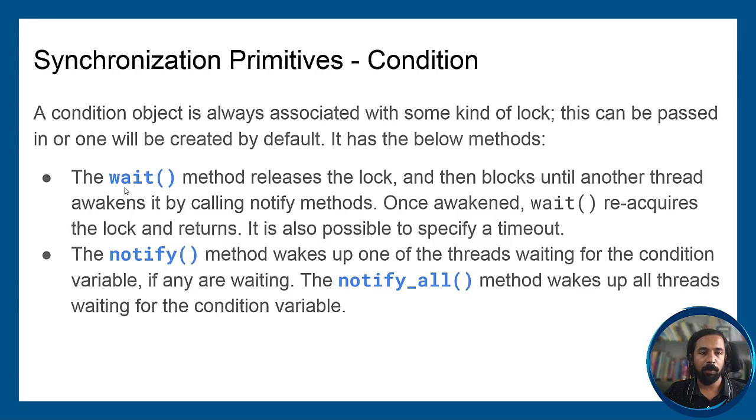Now, coming to the wait method, the wait method releases the lock and it blocks until another thread awakens it by calling the notify methods. So when one notify method is called, the execution continues. It reacquires the lock and it proceeds with the next statements. Also, we can specify a timeout in the wait method.